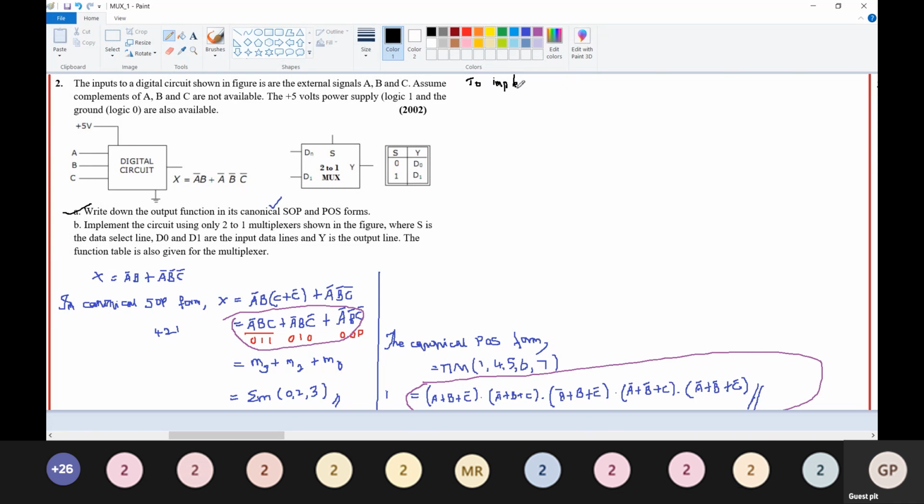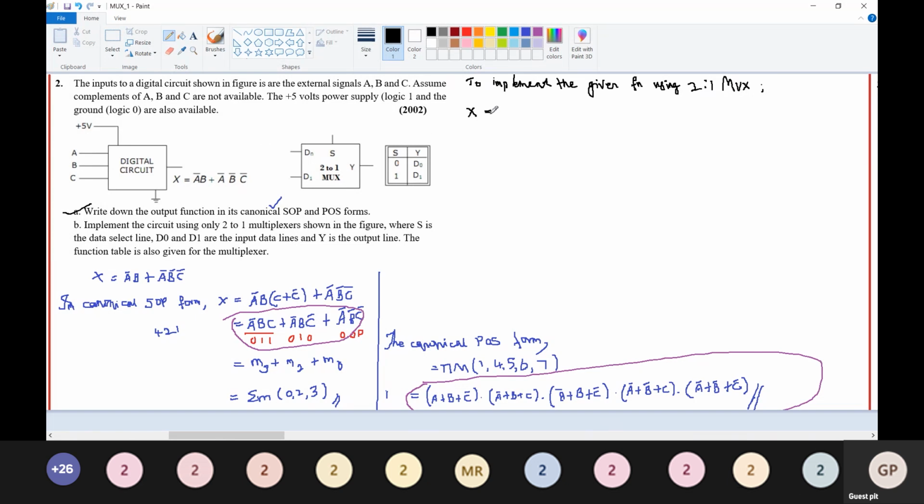we are going to take the given expression.